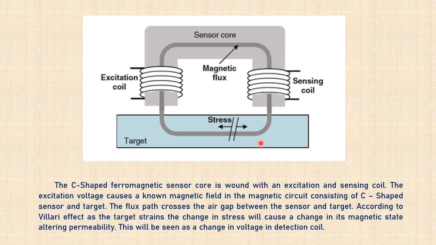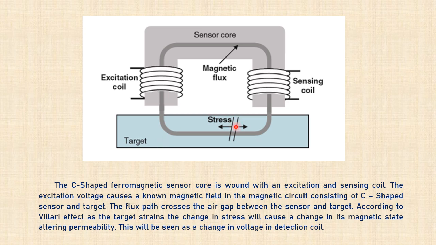As the target is close to this sensor, there is a flux linkage, as you see here. The magnetic flux due to the current passing in these coils is linked to this target also. So now when I strain the target, there is a change in the stress.